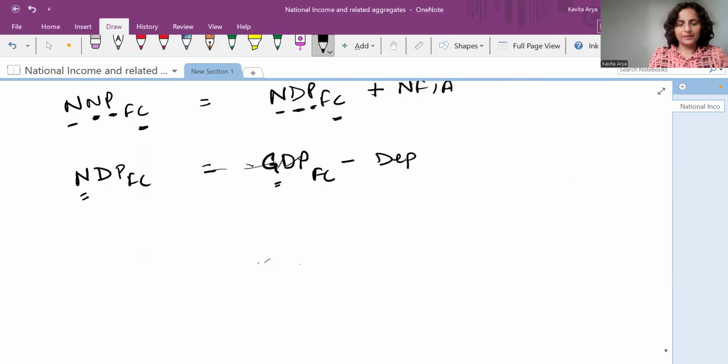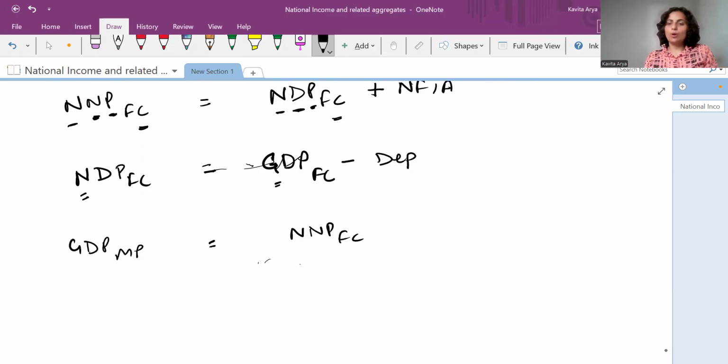Let's take another example. I have to convert NNPFC into GDPMP. So how do we go about it? We have NNPFC because the numericals can demand any of the 8 income aggregates from you. It's not always that you are asked to make the domestic income or the national income. No. So we can have conversions from national income and NNPFC to some other income aggregates.